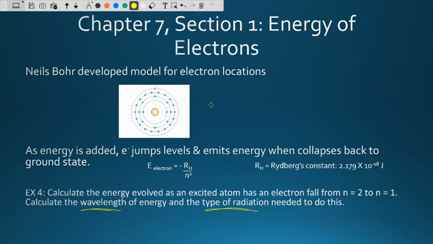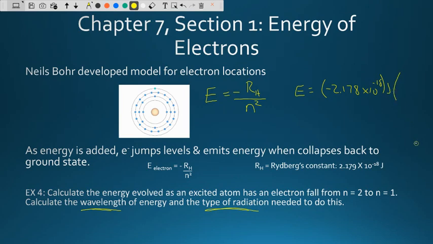All right, so let's take a look at the equation. Energy equals the negative of the Rydberg constant as a function of the energy levels squared. Now, energy is going to equal the negative 2.178 times 10 to the negative 18, and that's in joules. And we're going to then divide that by n squared. Now, dividing by something means multiplying by its reciprocal.